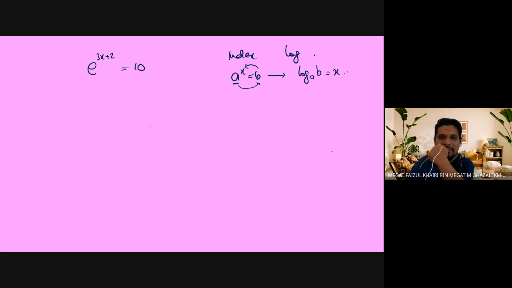Okay, that's one method. Let's see if we can find out this. Log to the base of e, and 10 here equal to 3x plus 2. Okay, Kiki, may I ask you something?